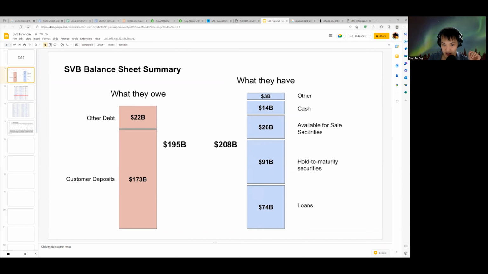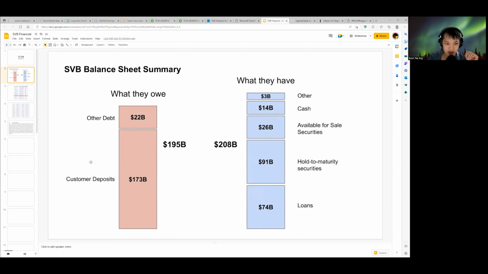They have some cash, some assets available for sale, and then some held-to-maturity securities. In these two there are some treasuries, some mortgage-backed securities and so on. And they also did some loans. I think they fund some of the startups. So this is on their loan book here. So these are their assets.